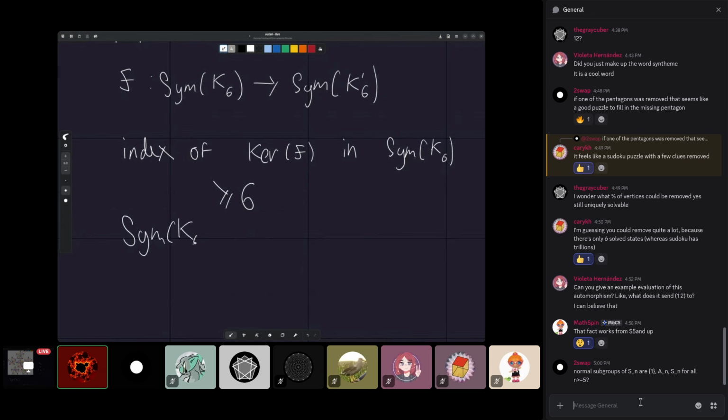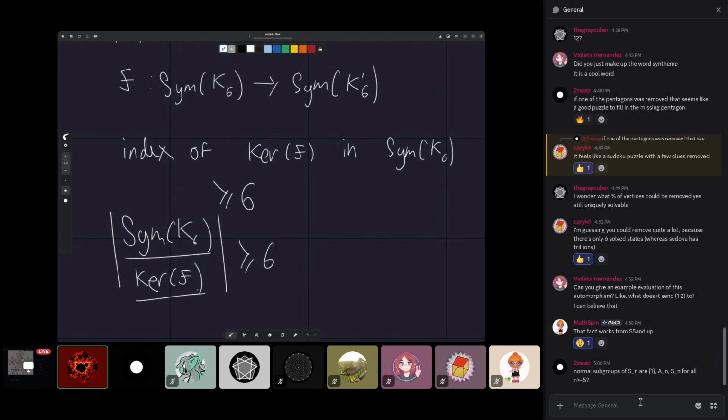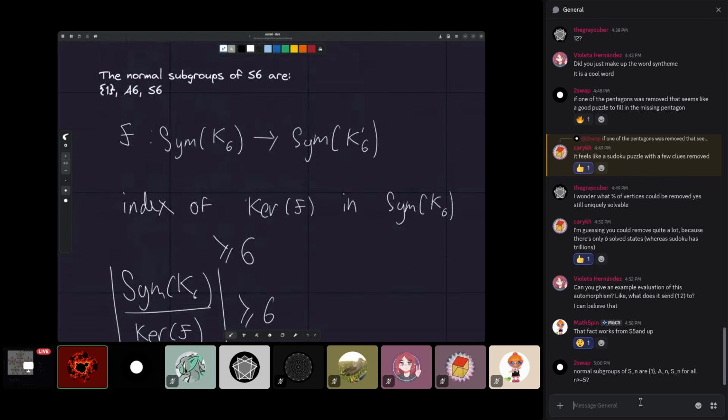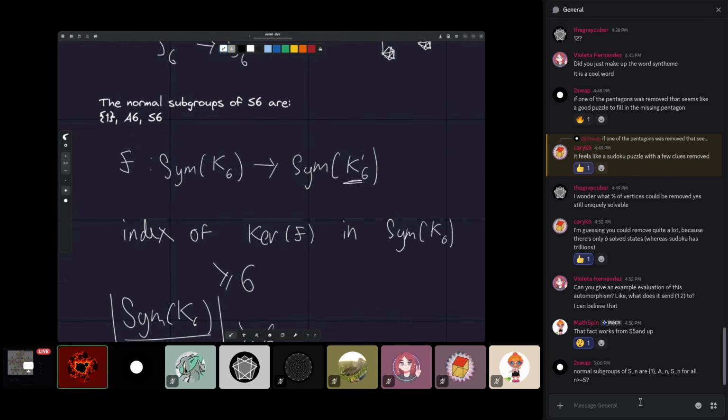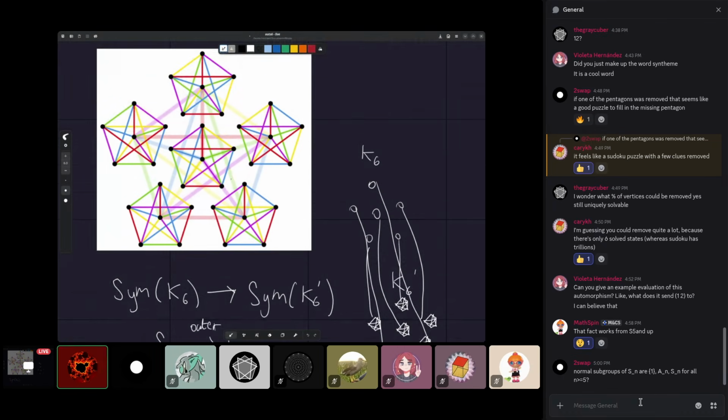So the index is the size of the quotient group. Because you're quotienting by the kernel, you get an action of this quotient group on K6. And we know the action of the quotient group is transitive.